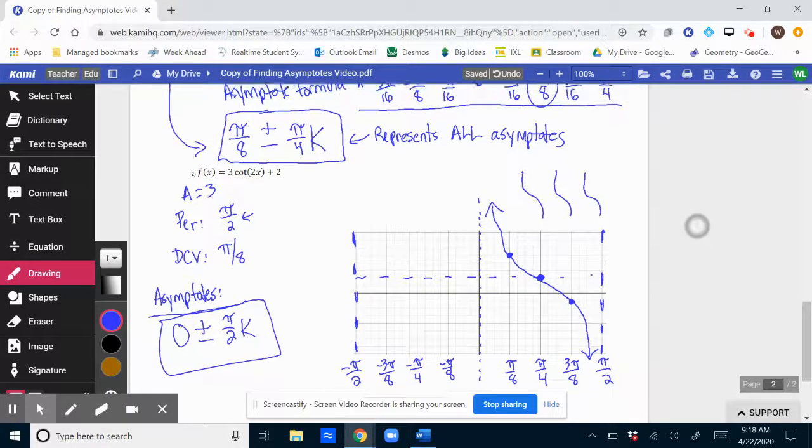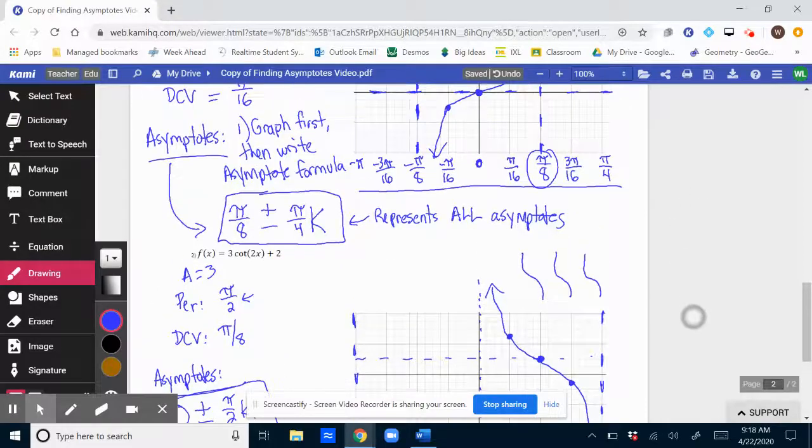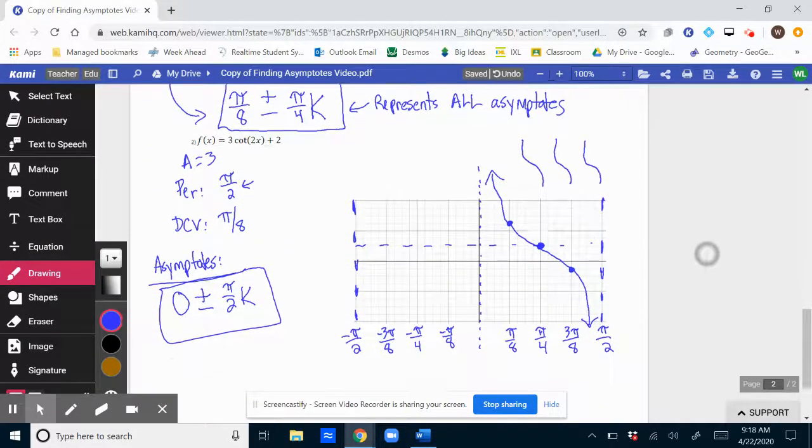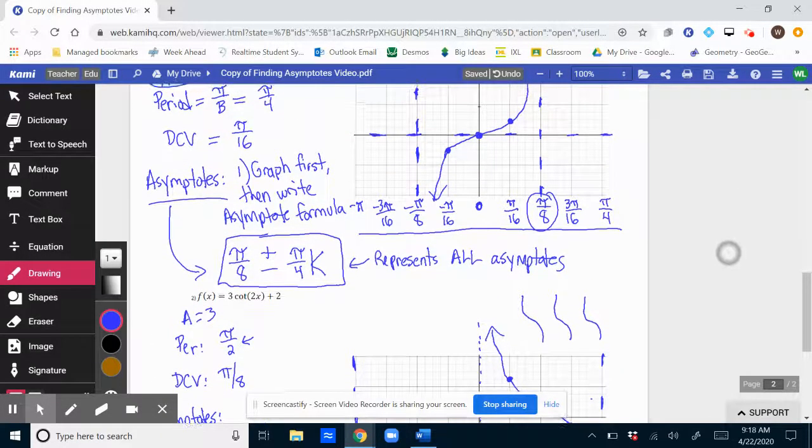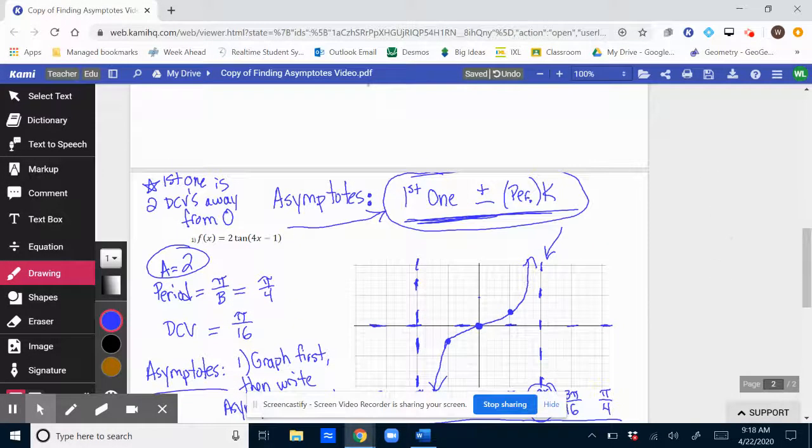Okay, so basically, the asymptotes, you represent all of them because of this plus or minus here and because of k, which means you can go right and left with them and you can go on forever in both directions, and you'll keep repeating every 4 DCVs there'll be an asymptote. What makes tangent harder is that you have to figure out what the first asymptote is.